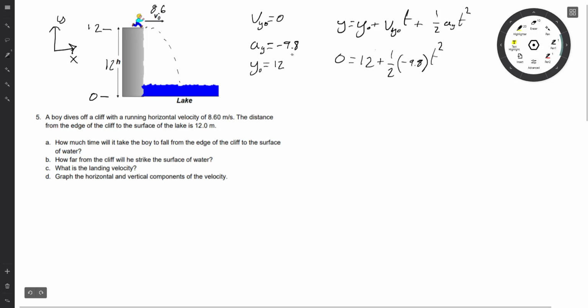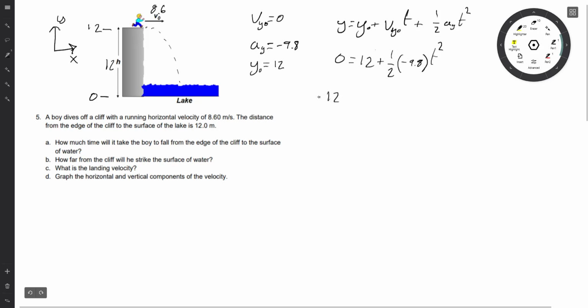And that's our equation describing this boy's vertical displacement as a function of time given these initial conditions.